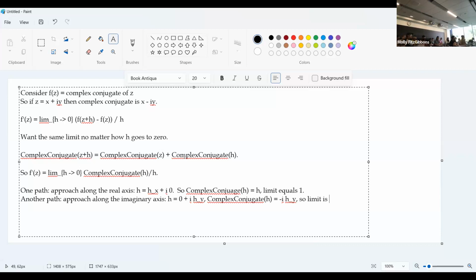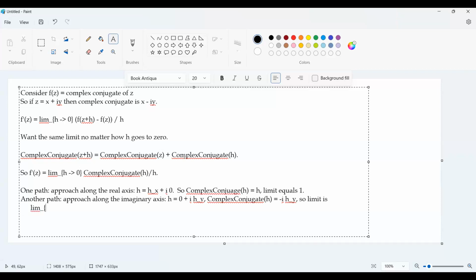So what would the limit be in this case? We can write it as h_y goes to 0, and we'll have negative i h_y divided by i h_y.